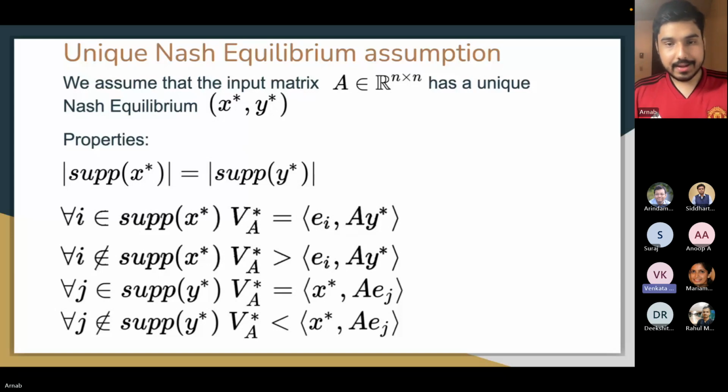Understood. So the opposite is true: if (x, y) is a Nash equilibrium, then x A y is equal to V_A star, the value of the game. Thanks. So that is a fine distinction between both of them.